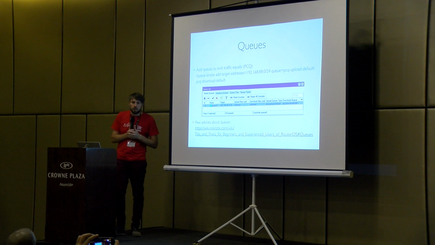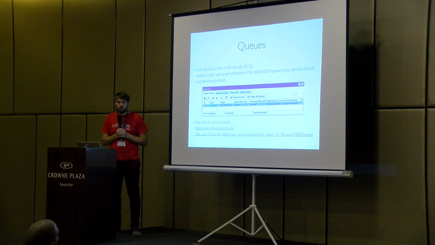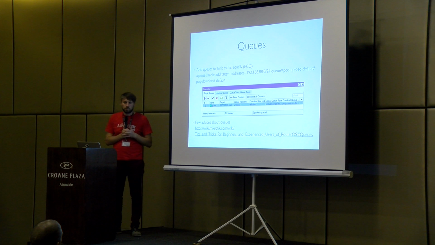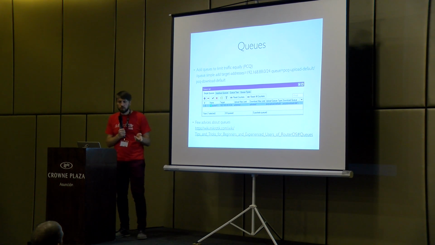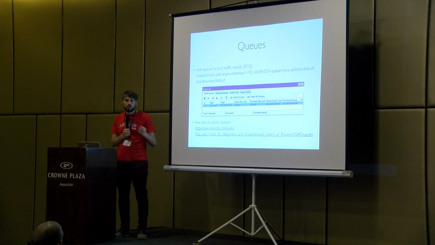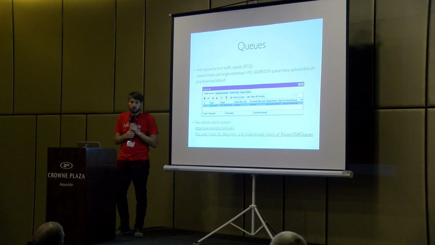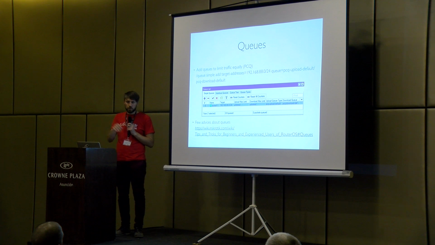PCQ. PCQ allows you to do different configurations. First of all, imagine you have 10 megabits download and 10 megabits upload, and you have some number of clients, you don't know how many. PCQ allows you to equalize all the 10 megabits between those users.